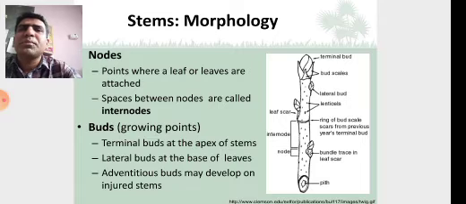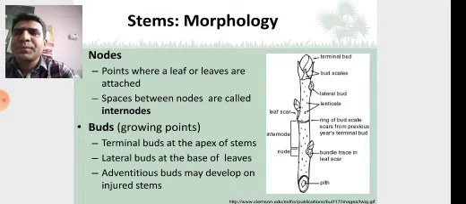Terminal buds, the apical buds, are at the topmost portion of the stem. Lateral buds are where the branching takes place. Adventitious buds develop when an injury has taken place to the stem.